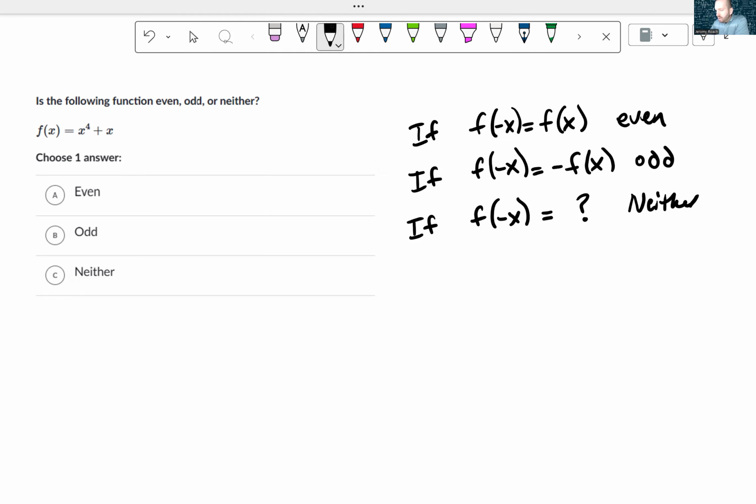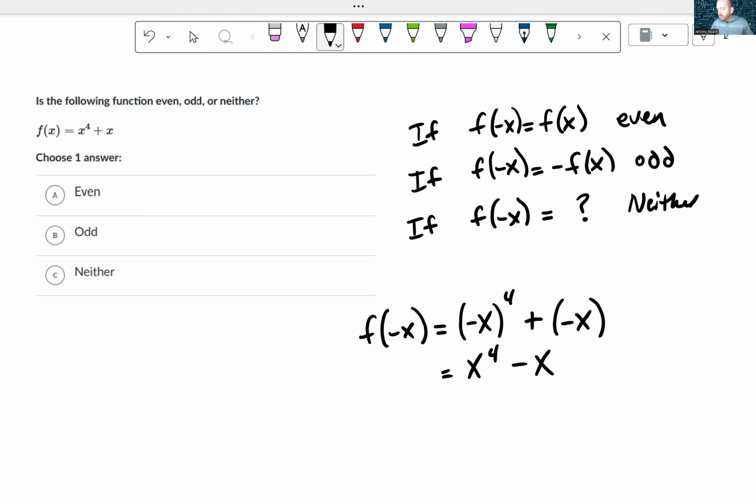So we're going to check f of negative x. We're going to plug in negative x everywhere we see an x: negative x to the fourth plus negative x. And that's going to give us x to the fourth minus x. So that's what f of negative x is.